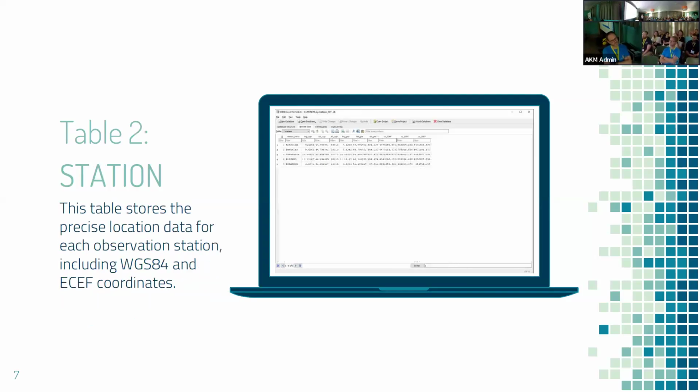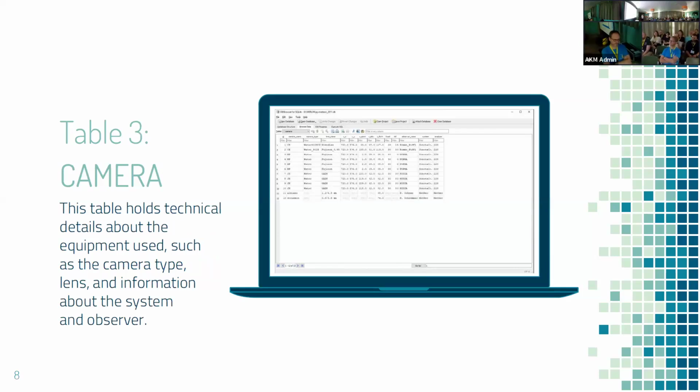Next one, station. This one we calculate also: geodetic and geographic position and coordinates of the station, and there is some information about the system.